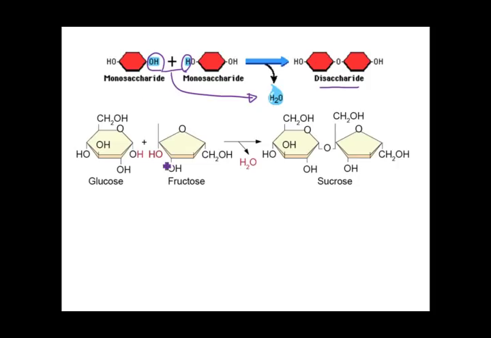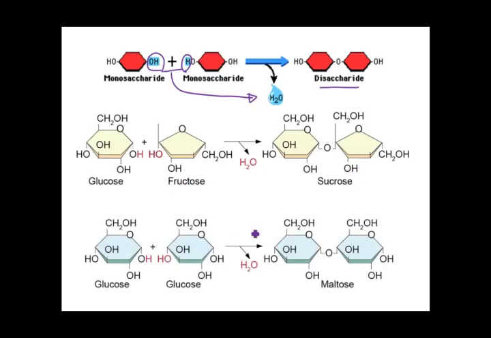And here is shown sucrose. Sucrose is table sugar. Sucrose is a disaccharide formed by connecting a glucose and a fructose through dehydration synthesis. There's another one, maltose, which is formed by putting 2 glucose monosaccharides together, pulling water out and linking them together. Okay.